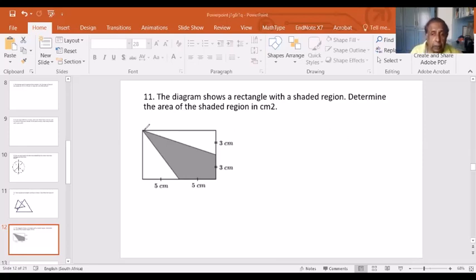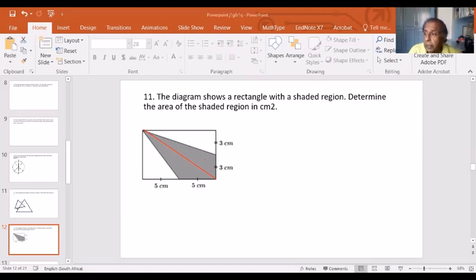So if I join the diagonal, then what happens is now you've got 4 triangles, and you need to just calculate the area of this triangle. Well, the area of any triangle is half base times height.